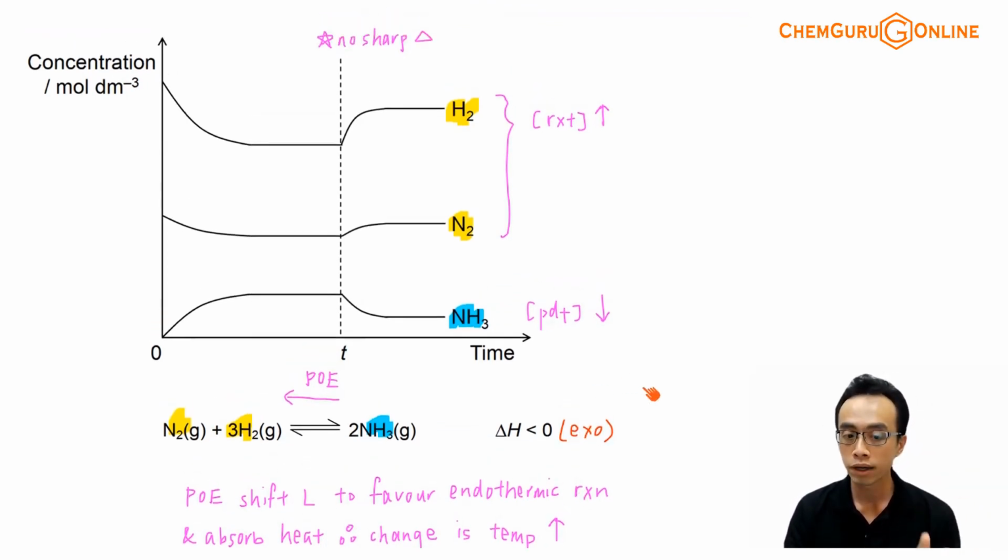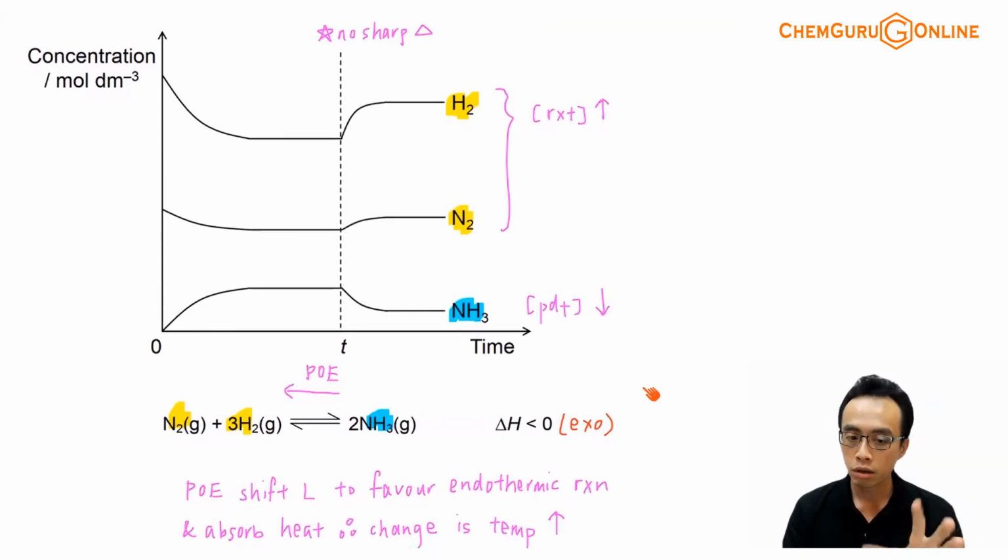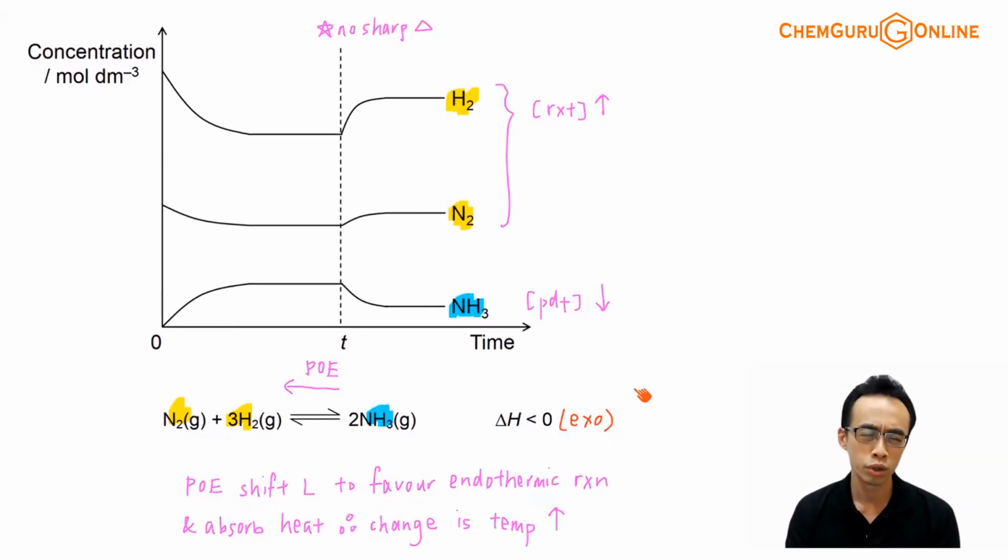Some of us might find this confusing because usually we don't have the outcome and deduce the change in POSE. We're more comfortable with being given the change in POSE and telling what will happen. So we can consider whether it is an increase or a decrease in temperature, because there are only two possibilities, correct? If it is not an increase in temperature, then it must be the other way around.